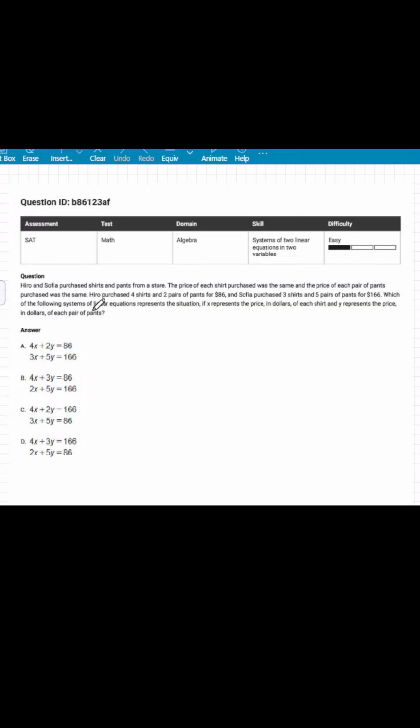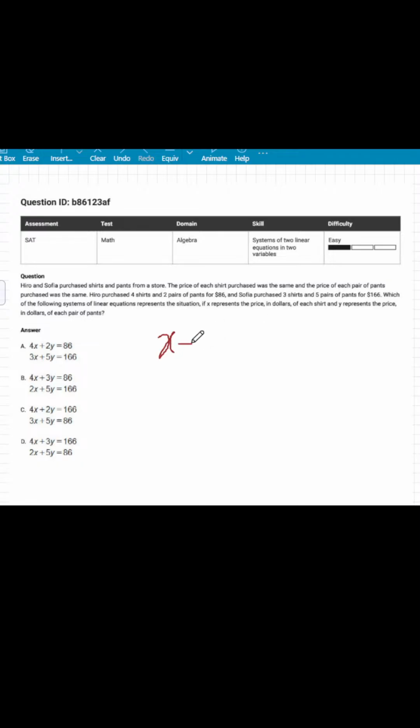Which of the following systems of linear equations represents the situation if x represents the price in dollars for each shirt and y represents the price in dollars of each pair of pants?